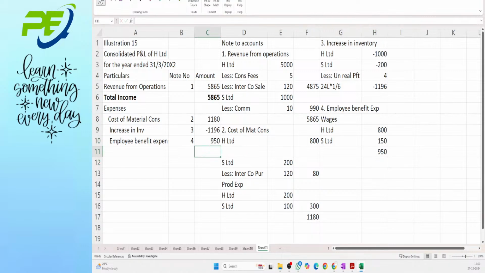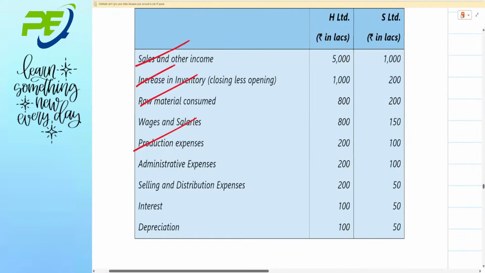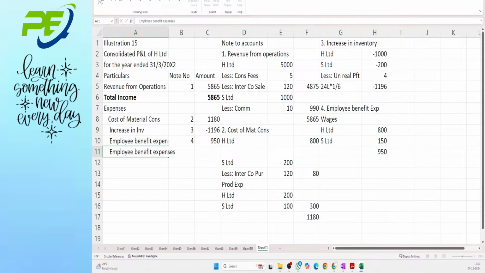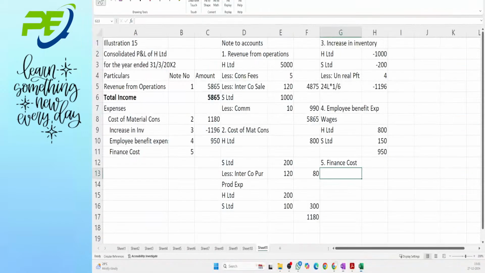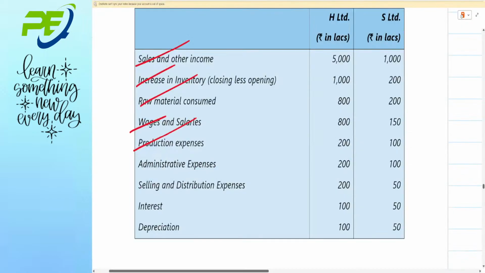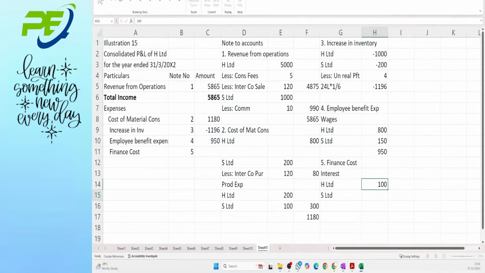After employee benefit expenses, the next cost, finance cost. Note number 5. So interest, H Limited, S Limited. Finance cost 150.